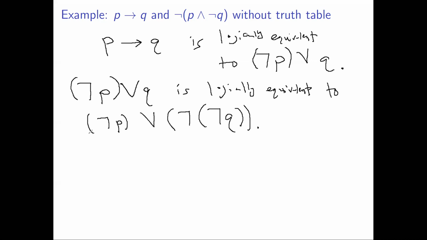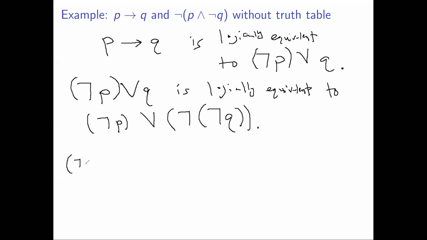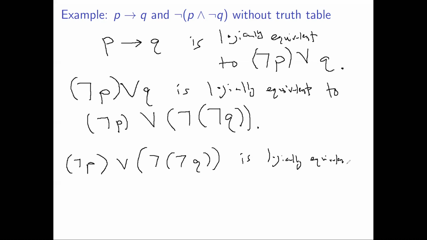And now we have this to work with. And we can say that not P or not Q is logically equivalent to, and this is where we can use De Morgan's law, not (P and Q)... Actually, we can say this is logically equivalent to not, and then we're just taking this not off of each of these disjuncts, and we're changing the disjunction to a conjunction inside the parentheses.